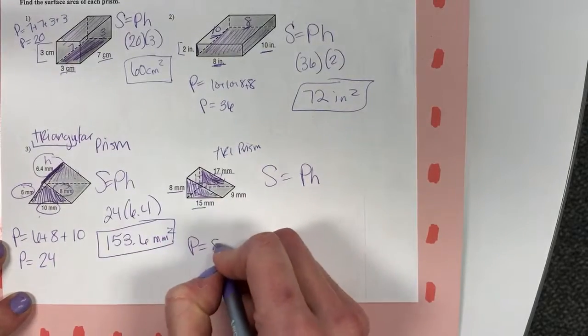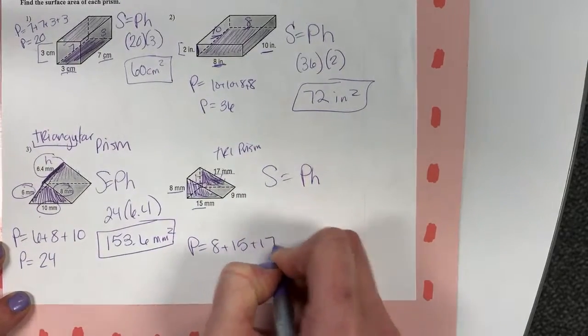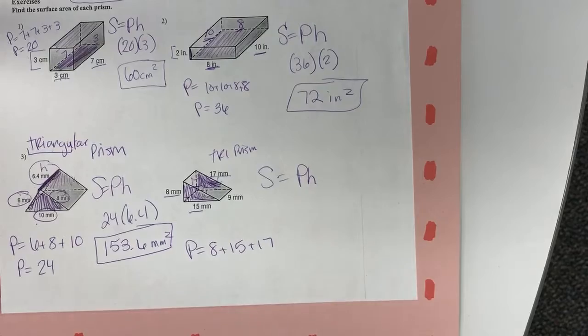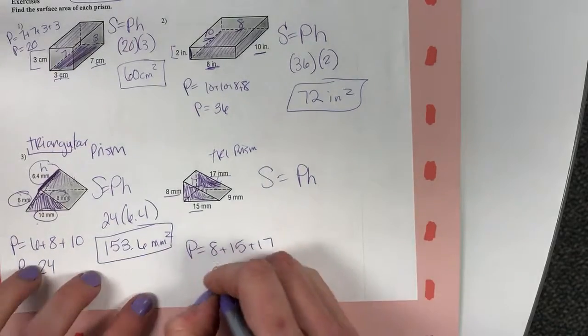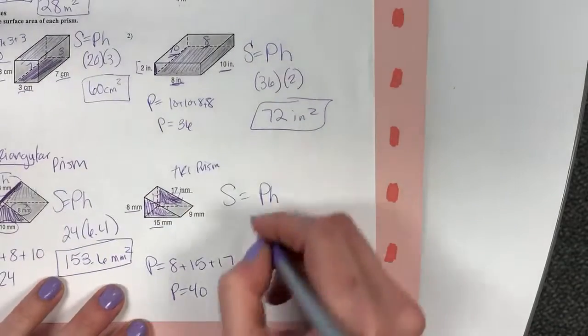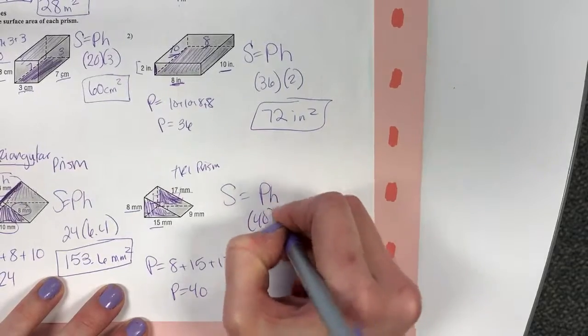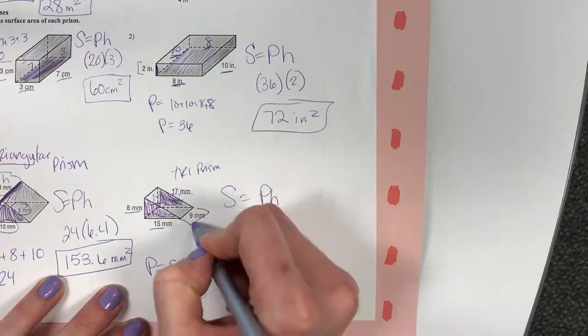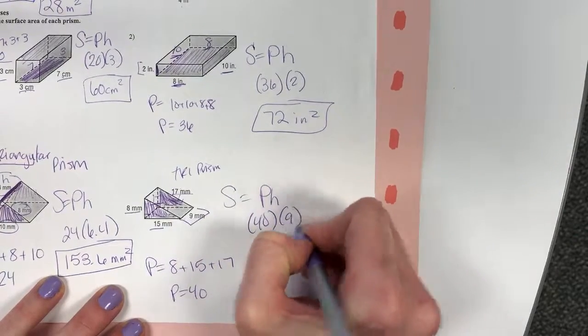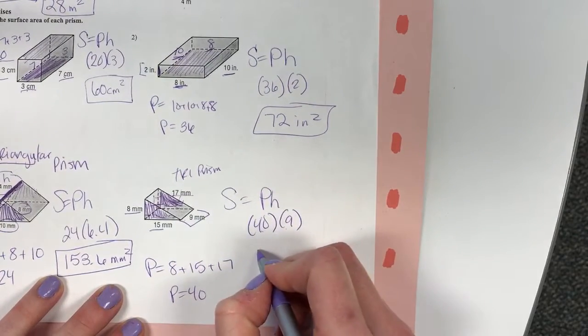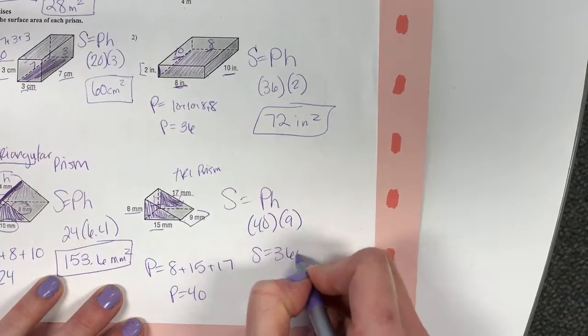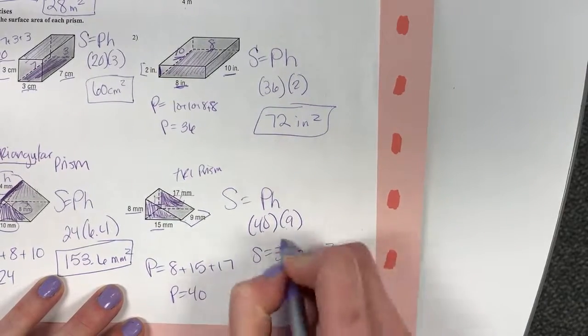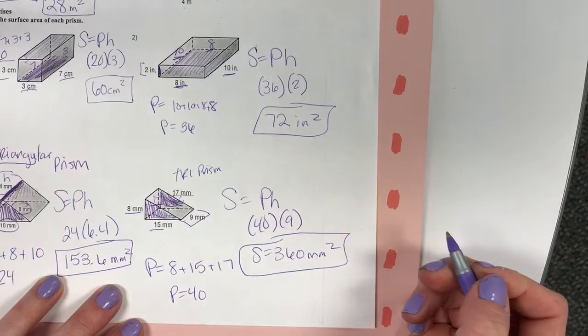So 8 plus 15 plus 17, get 40. Then plug that into your formula: 40 times the height of the prism, the space between the two bases, which is 9. So 40 times 9 gives me 360 millimeters squared.